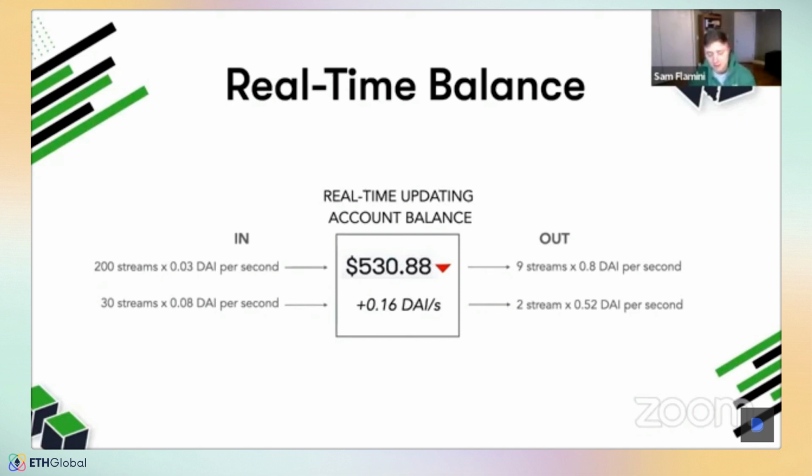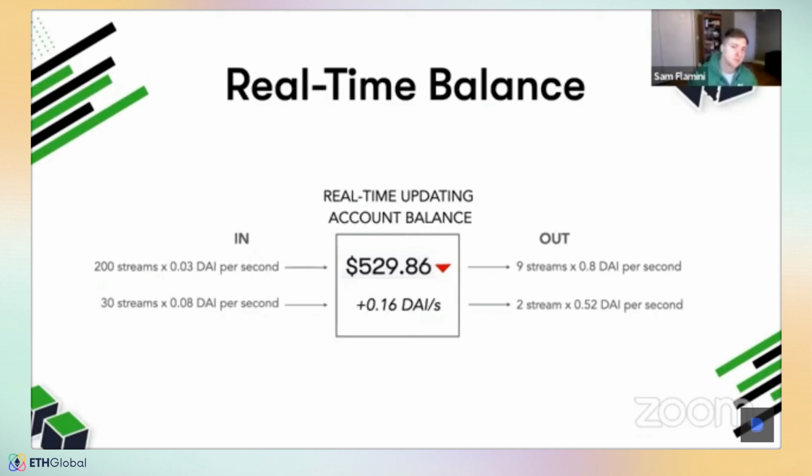So as time passes, we know that the rate at which my balance should be decreasing is -5 DAI per month, right? And at any given point in time, if I decide that I want to transfer DAI or create a new stream, before that actual state change is made, the protocol will check how many seconds have passed at the rate at which Sam has been losing 5 DAI per month.